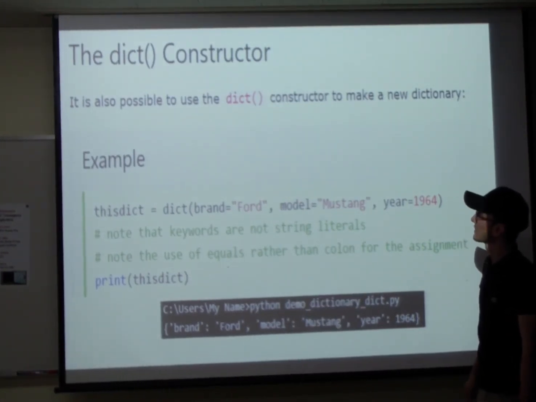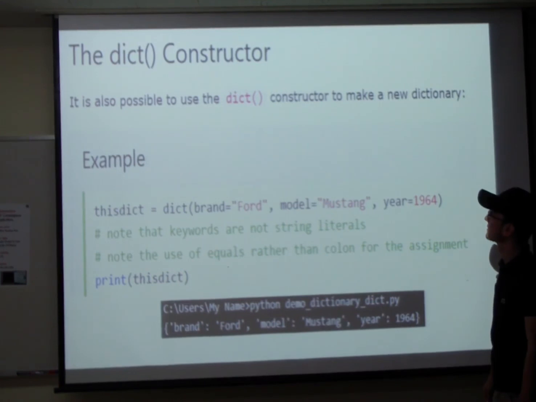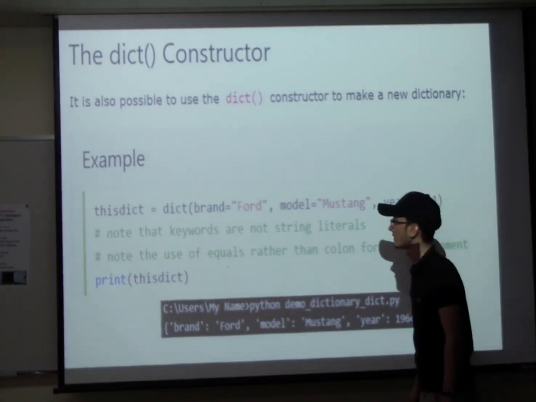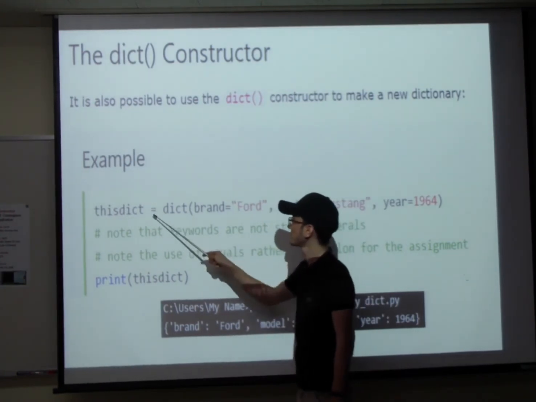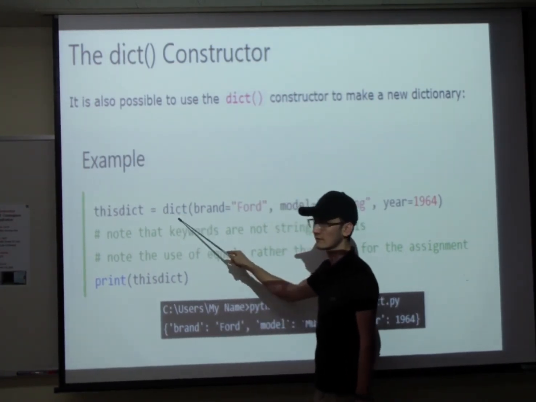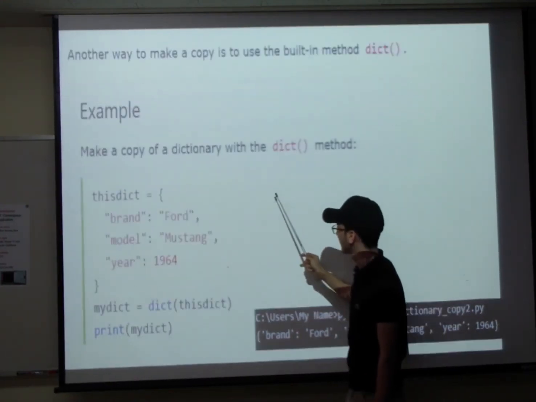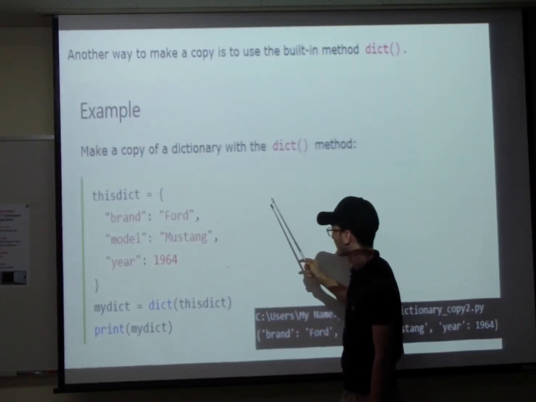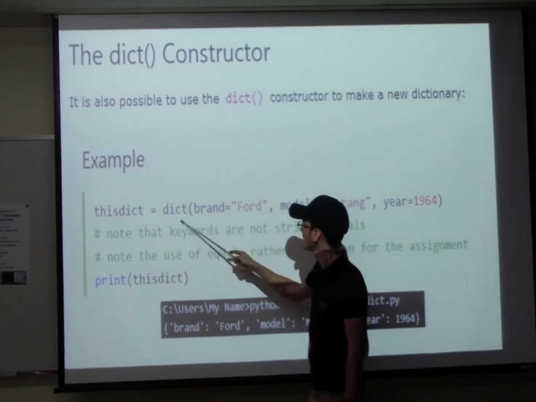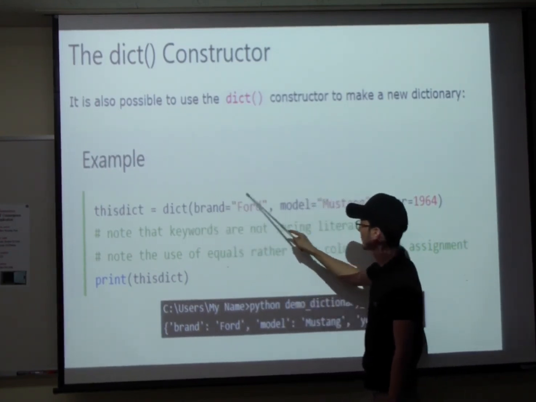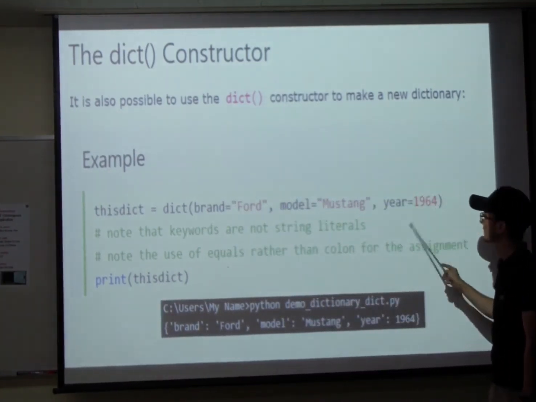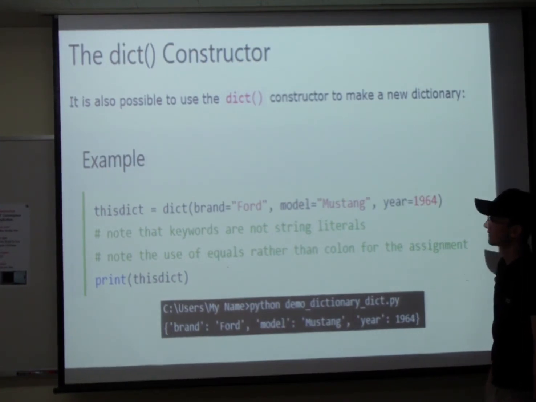The dict constructor: it's also possible to use the dict constructor to make a new dictionary. Yeah, we know this. We have dict, and we can now create a new dictionary.